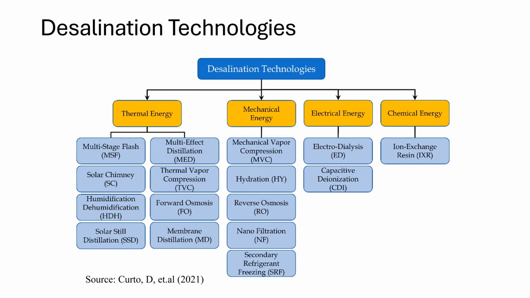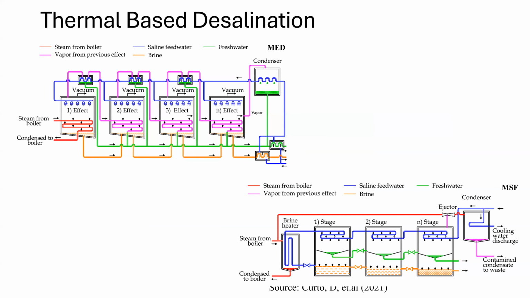On the left side, which we are most concerned with, is the MED, the multi-effect distillation, and the multi-stage flash distillation. And from the right side, mechanical energy is the reverse osmosis. Of course, this lecture is not only about desalination, so we are not going to cover everything, only those three, which are the main concern with nuclear energy.